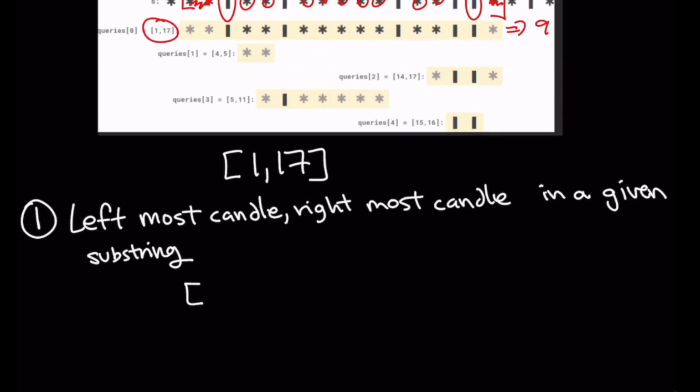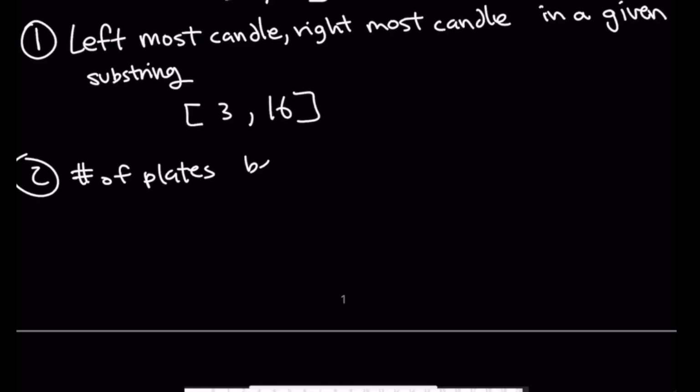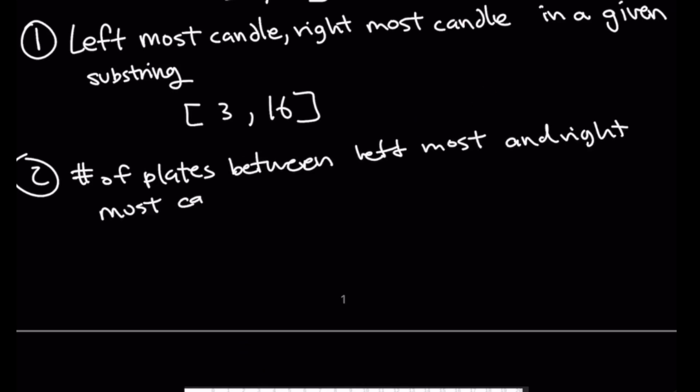And we were able to figure out that for the given example of 1 to 17, the leftmost candle was 3, to rightmost candle being 16. And then we had to figure out number of plates between the left and rightmost candle. The problem breaks down into these two problems fundamentally.